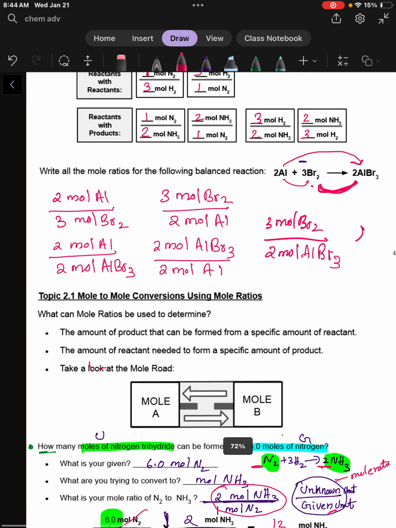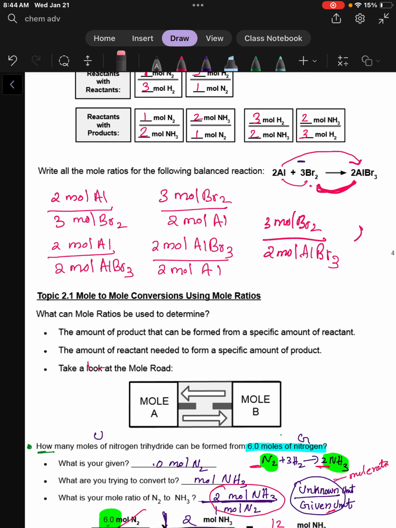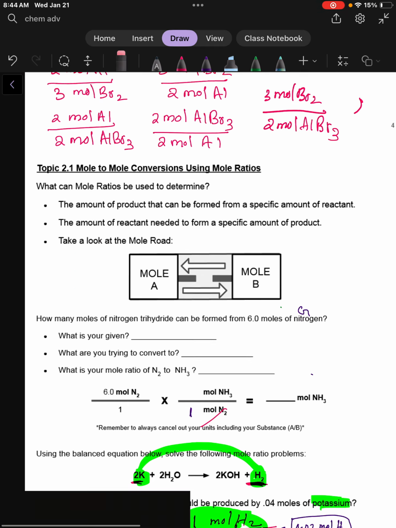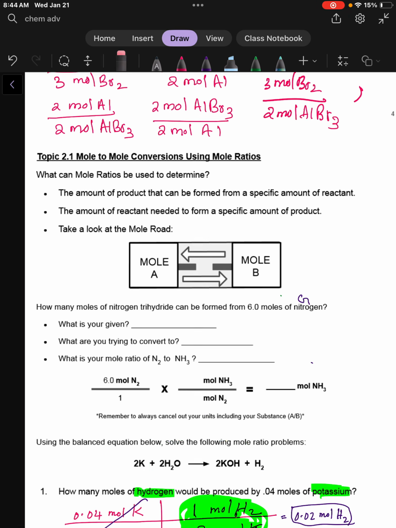Okay, so now let's go practice that. Let's do one calculation. I'll do 2 questions, then the rest you can do it because it is the same.